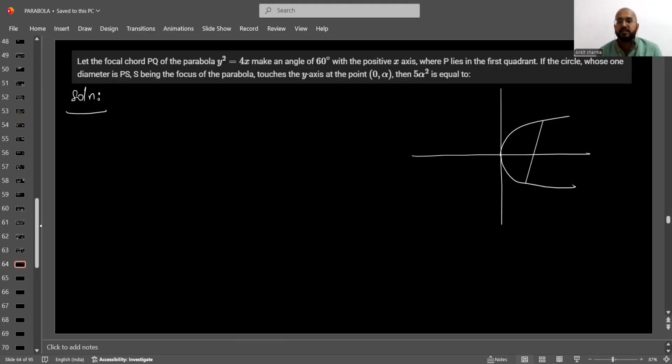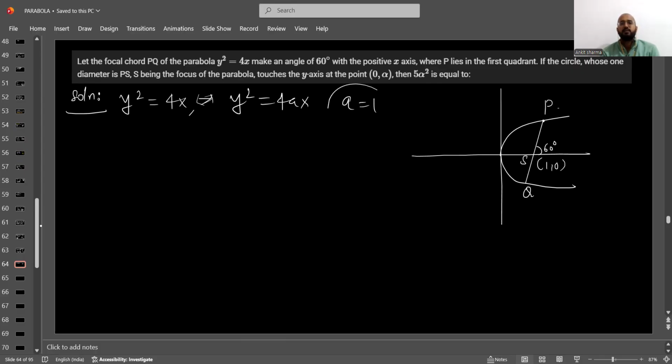This makes an angle 60° with the positive x-axis, and P lies in the first quadrant. So this must be P, and this must be Q. This will be S here. This point is (1, 0), because if I compare y square is equal to 4x with y square is equal to 4ax, then I get a is equal to 1.